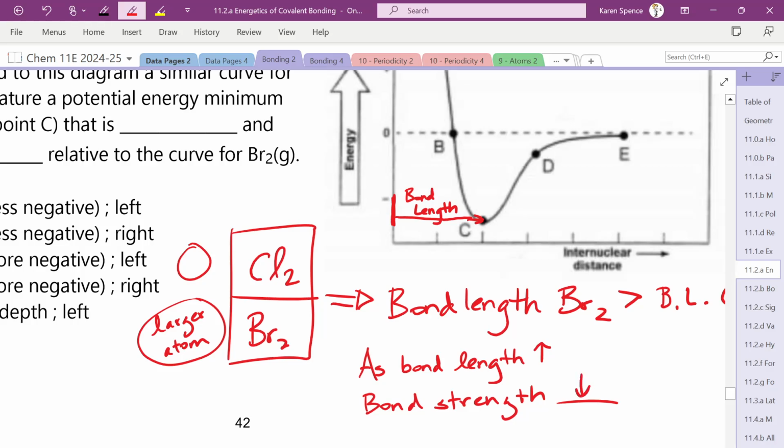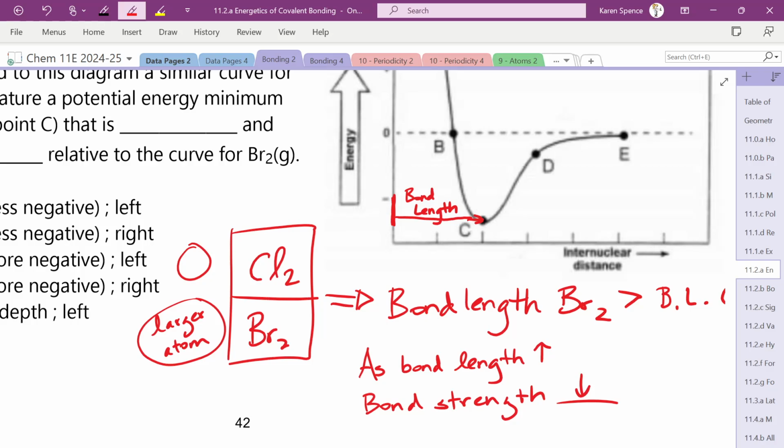If you have trouble remembering that, think about trying to break a pencil. What if you've got a little stub of a pencil? Is that easier or harder to break? Harder to break, yes. But if you've got a long pencil, easier to break. Have you ever tried breaking a little tiny stub of a pencil? It's really difficult. It's not a great analogy. It's not the length that makes it. It's not an analogy, it's just a way of remembering it.